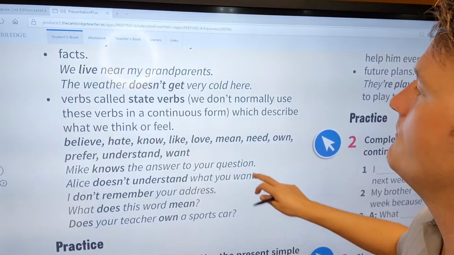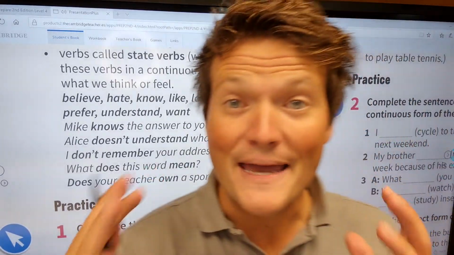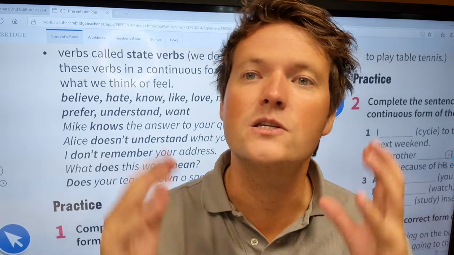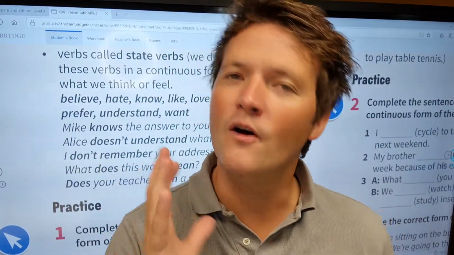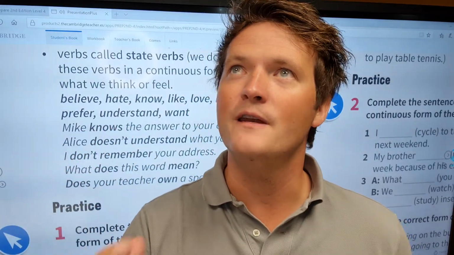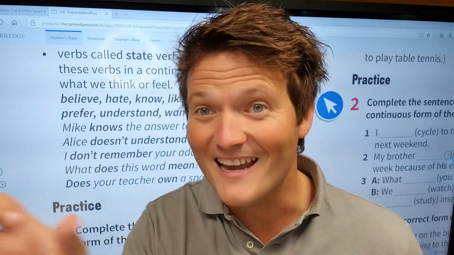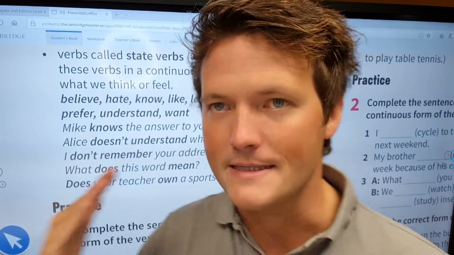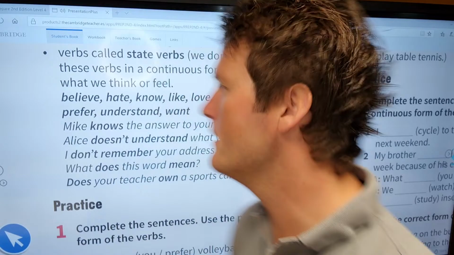Verbs called state verbs. Okay, now there's a lot of debate about state verbs. State verbs can sometimes be used in the continuous tense, but not very often. And usually, even if you can use them in a continuous with an ing, you can also use them in the present simple with basically the same meaning, right?